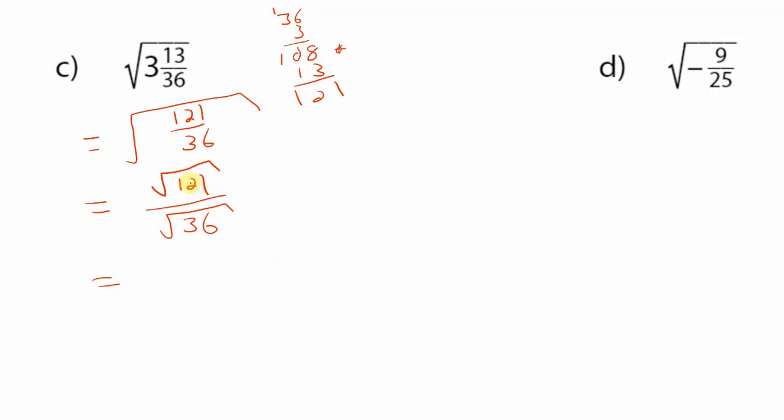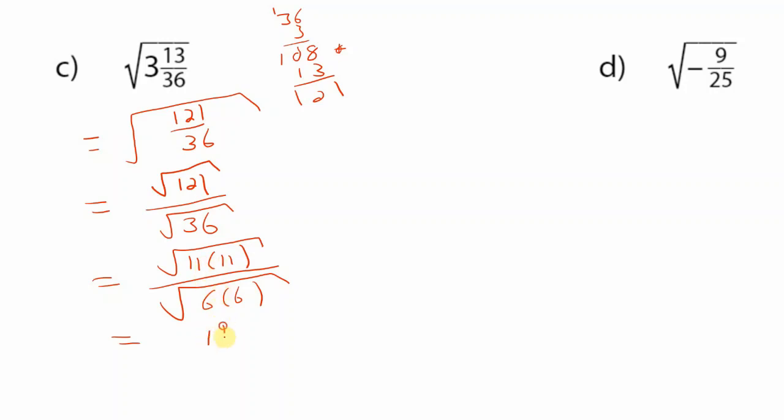So now we need pairs that are the same, so what times what gives 121? Yes, 11 times 11. What times what gives 36? That one you know well, 6 times 6. So now the strategy is keep one of each pair without the square root.